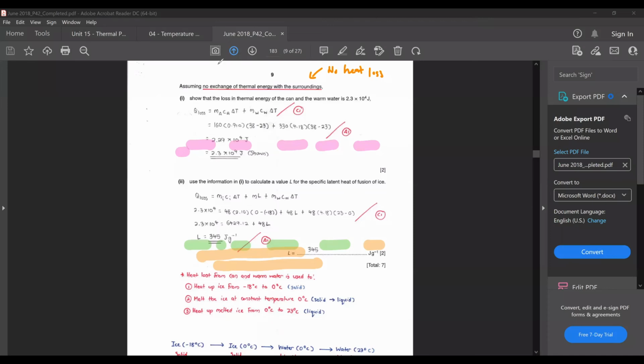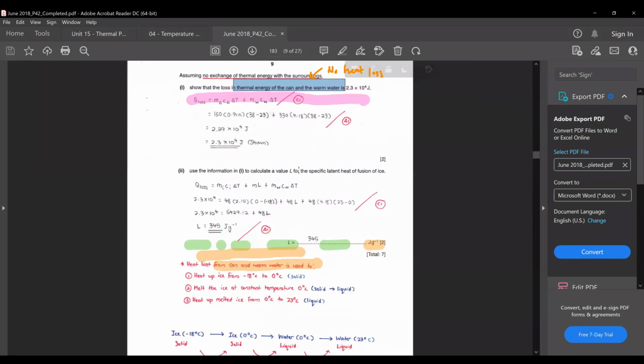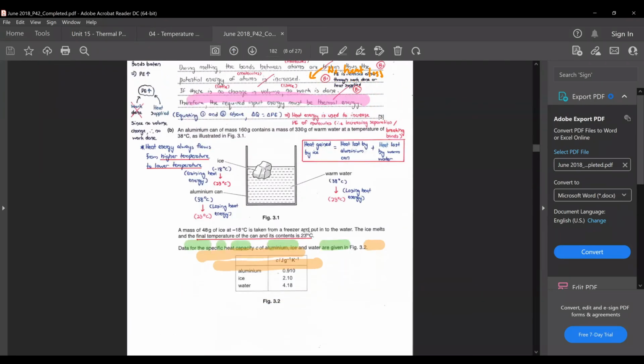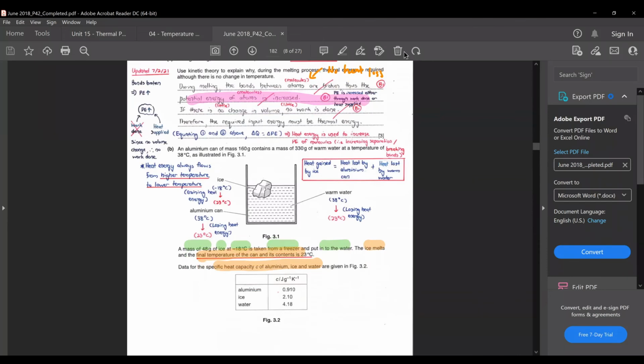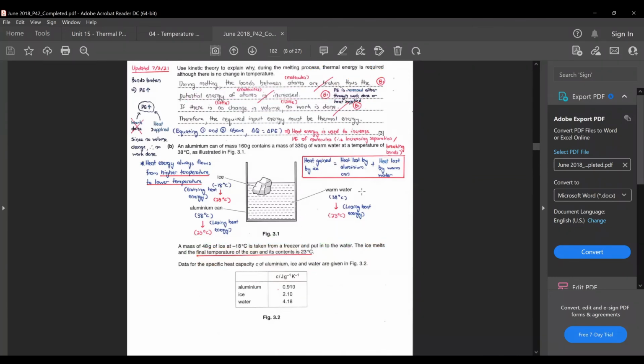So once you assume no heat loss to the surroundings, they want you to show that the loss in thermal energy of the can and warm water is 2.3 times 10 power 4 joules. Show that this is the amount of thermal energy loss from both can and warm water. Okay. All right, now before we proceed, let's just try and look at the diagram a little.